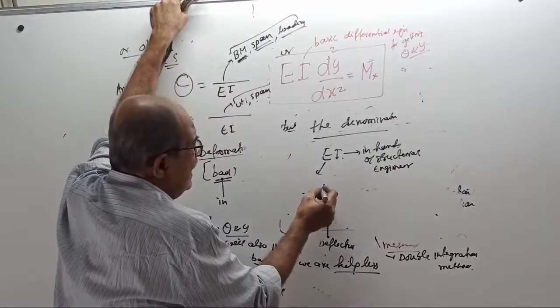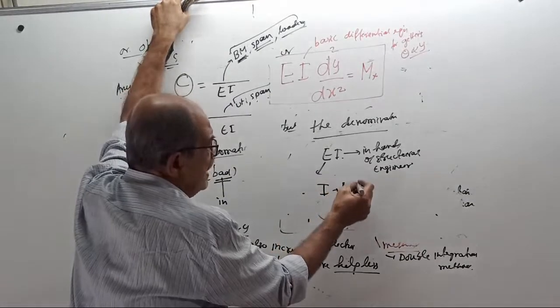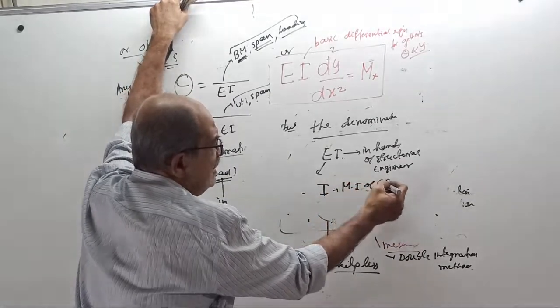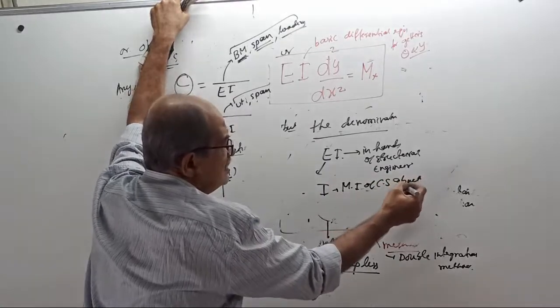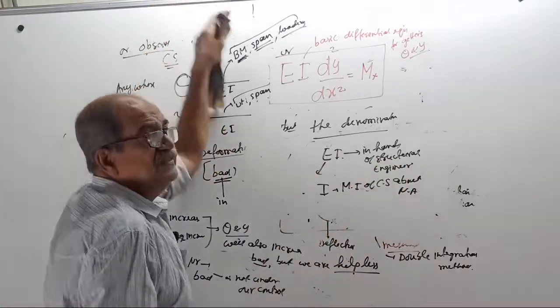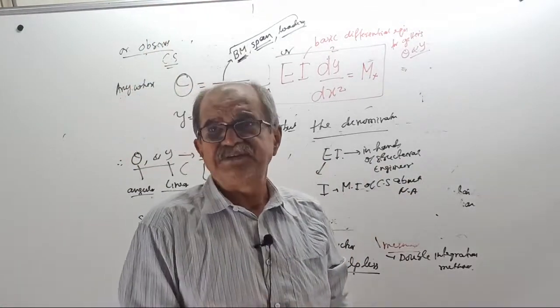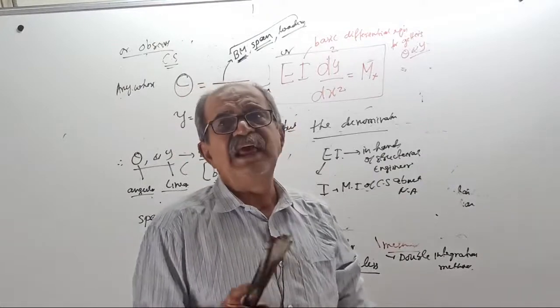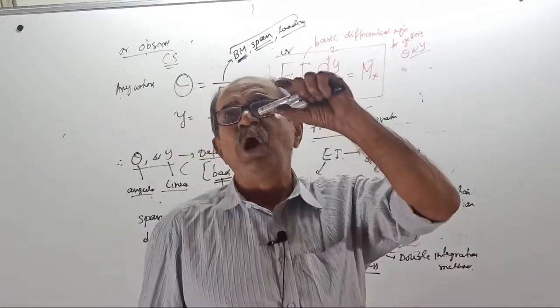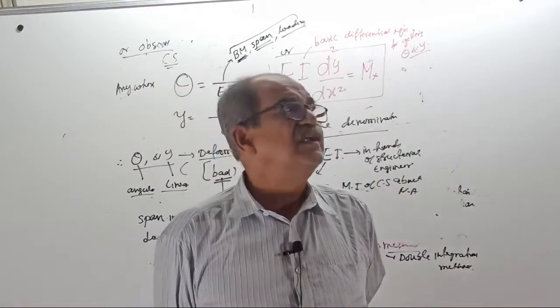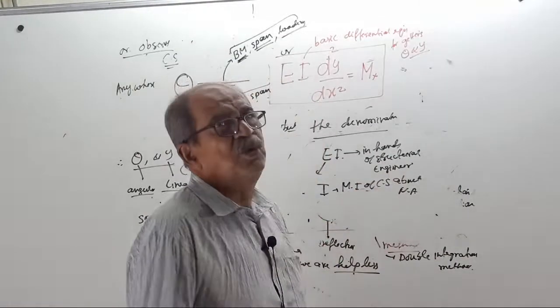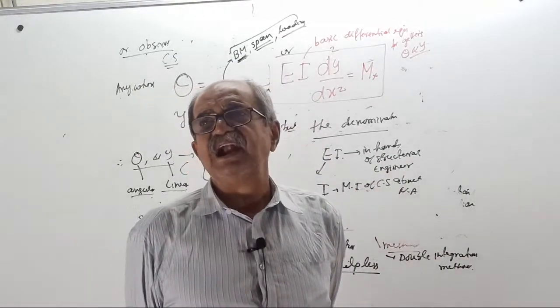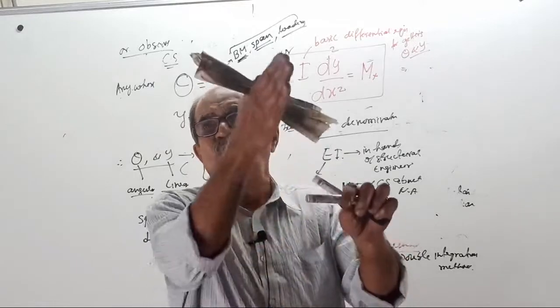I is the moment of inertia of the cross section about the neutral axis. A structural engineer can provide a smaller section or a bigger section. Therefore, I told you 1,000 times, structural engineering is always cross section.